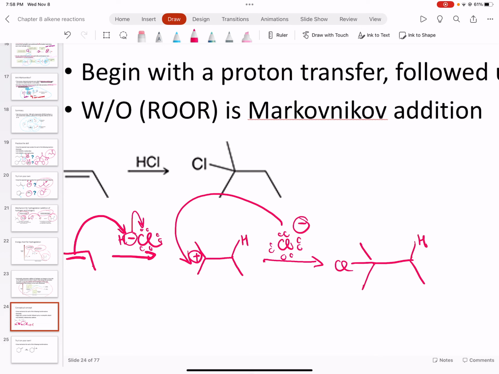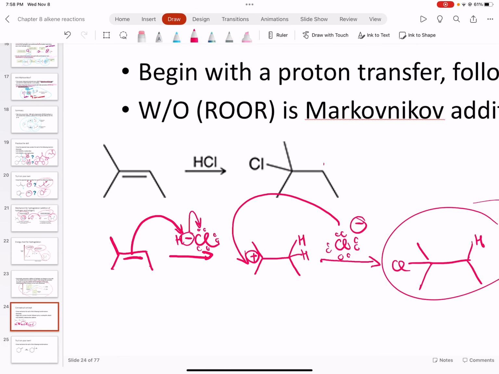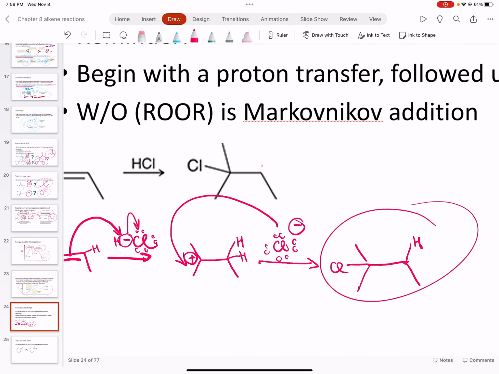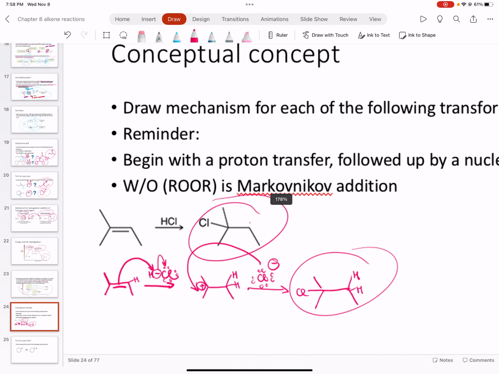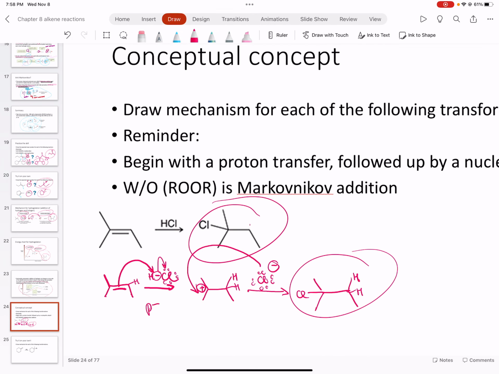This one already had a hydrogen in the first place, the same thing as this. But you can see that we have our proton transfer and then our nucleophilic attack.